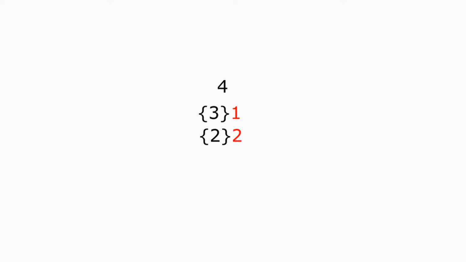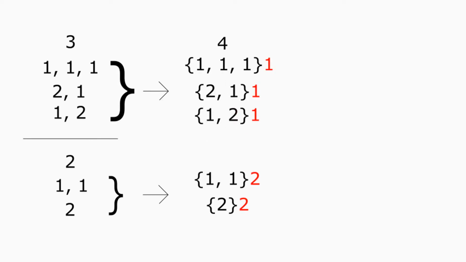And then, if we know all the possible ways we can climb 3 stairs, we can just add that 1 stair, and we get 4 stairs. And what are all the possible ways we can climb 2 stairs? Then, if we climb 2 stairs, we can go ahead and climb 2 more to get to 4.